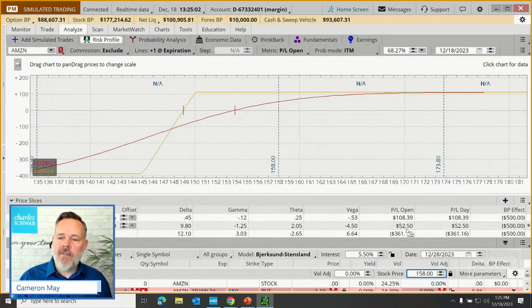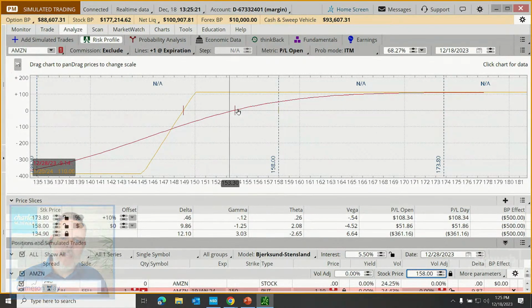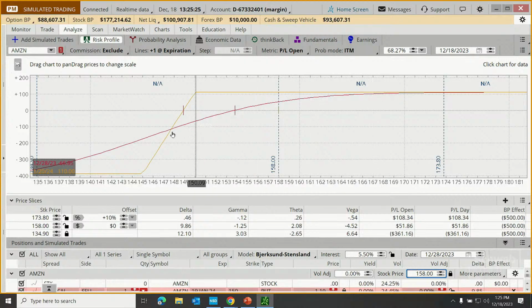Well, if we look at our profit and loss position here, we're at $52.50 at the current price. 108.39 if the price has gone up 10%. We're down 361.16 if the price goes down 10%. Okay. We also see the impact on our display on our profit or loss line.